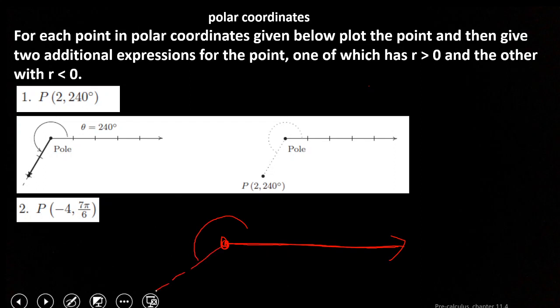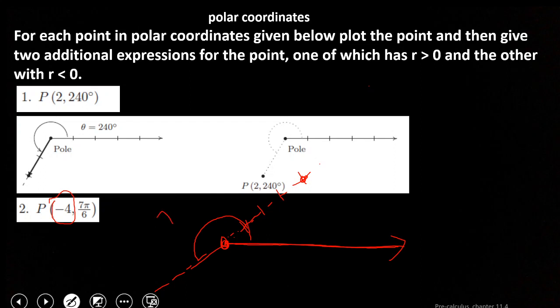Again, this is a dotted line. Now, since r is negative, I am going to count in the opposite direction of the terminal side, and I'm going to go 4 units that way. That's the point.